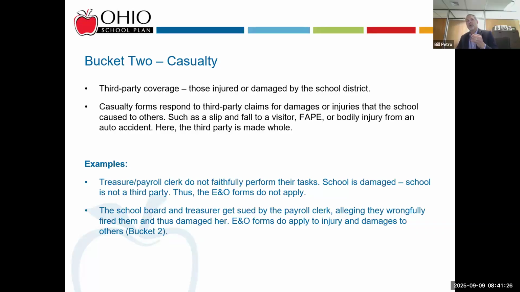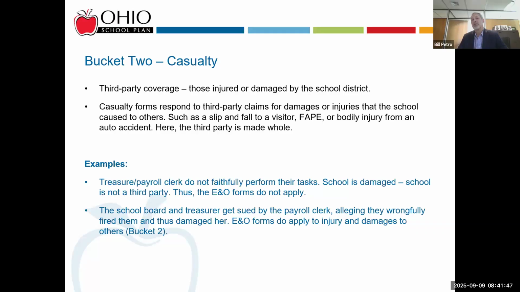So we'll give a couple of examples here. If a treasurer or payroll clerk doesn't faithfully perform their tasks, the school is damaged, not a third party, and so the E&O forms don't apply. Bucket 2 does not apply.